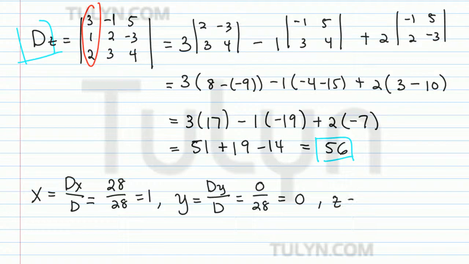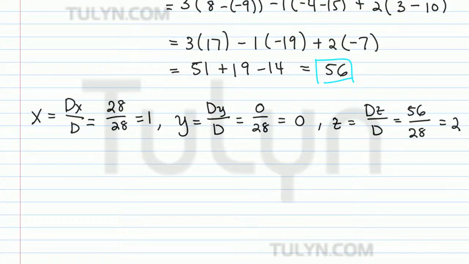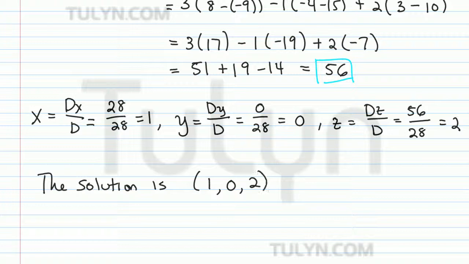And then finally z is dz over d, which is 56 over 28, which I believe simplifies to 2. Yes, it does simplify to 2. So, since we write our solution in terms of the ordered pair x, y, z, we say that the solution is 1, 0, 2.